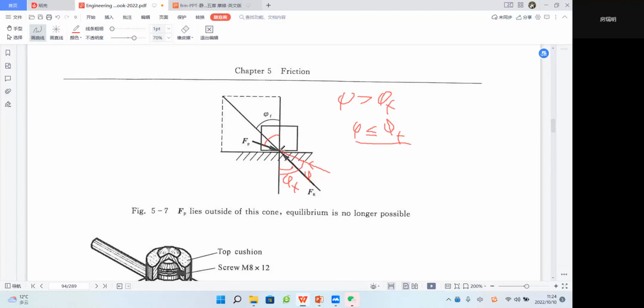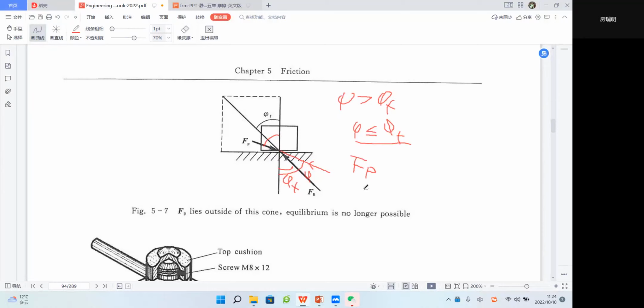So we have the conclusion: in this state, no matter how small the FP is, this box cannot keep the state of equilibrium. Can you guys understand?